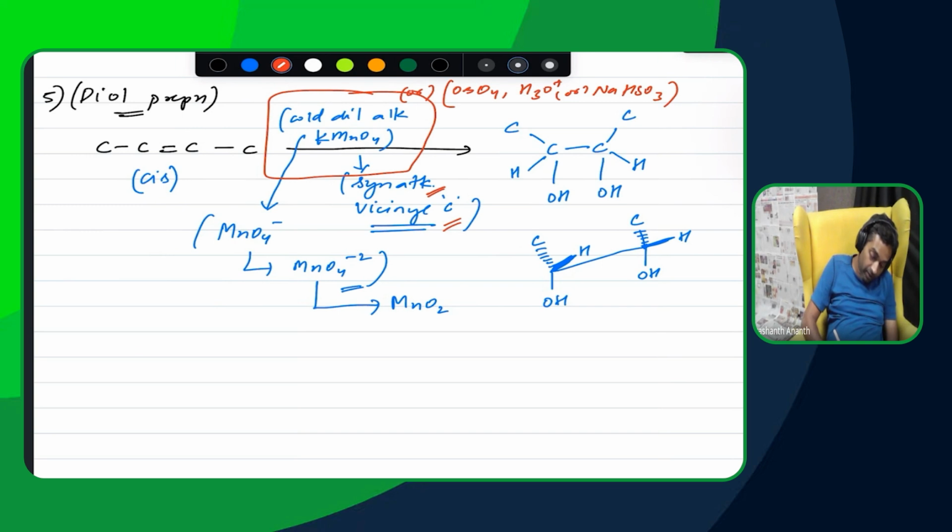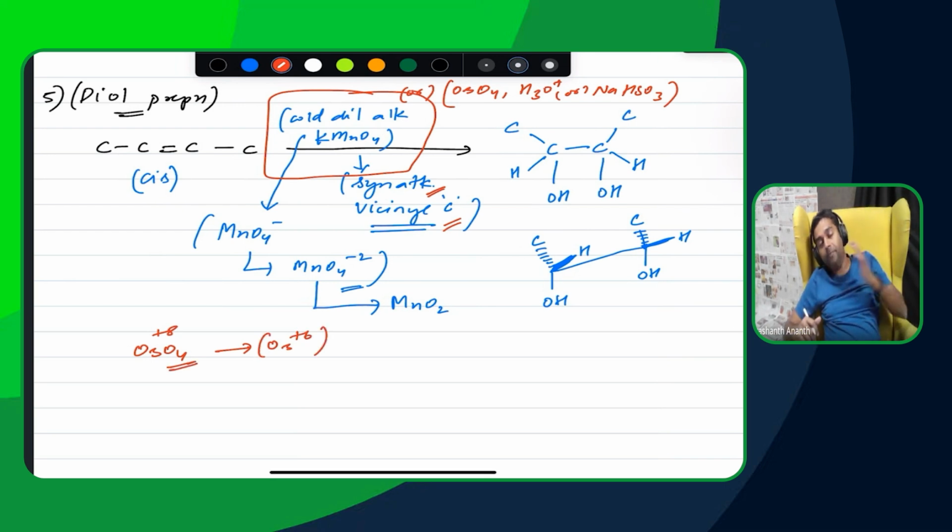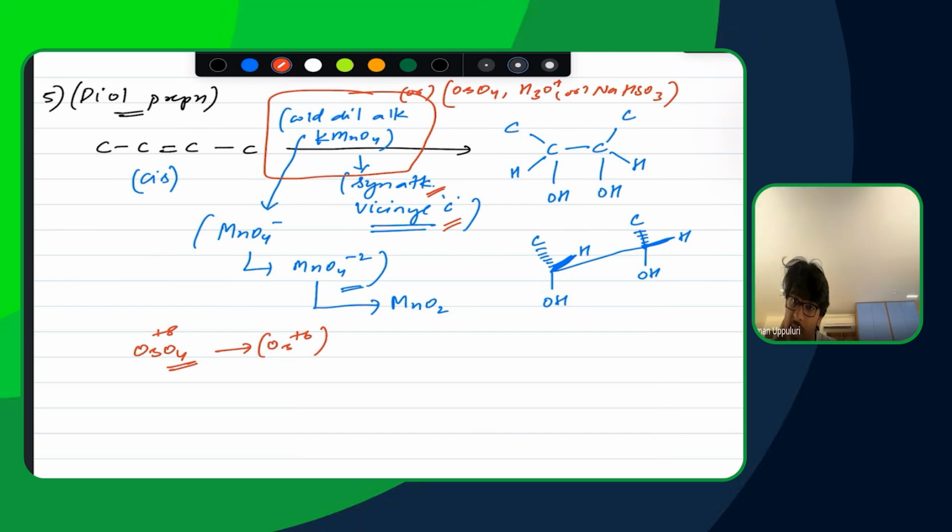In that case, OsO4 goes from osmium plus 8 to osmium plus 6. Clear so far? Yes, sir.